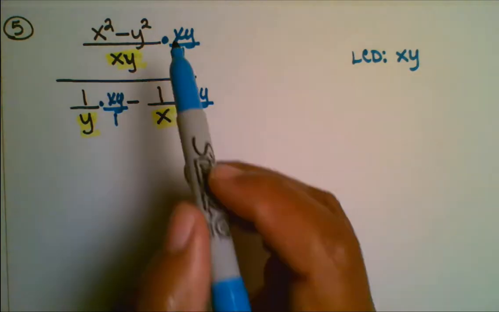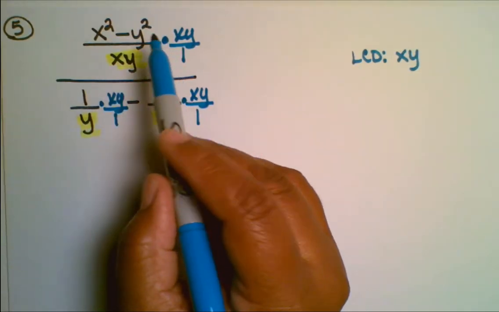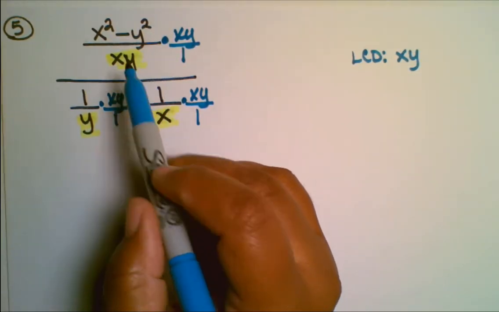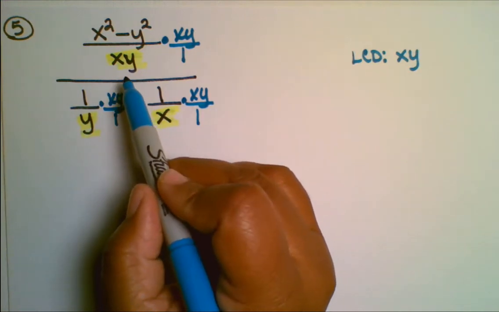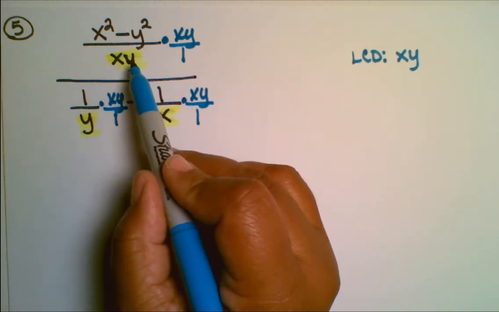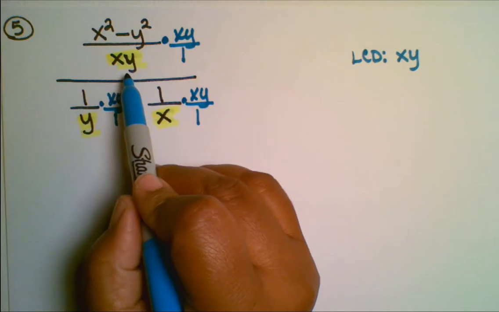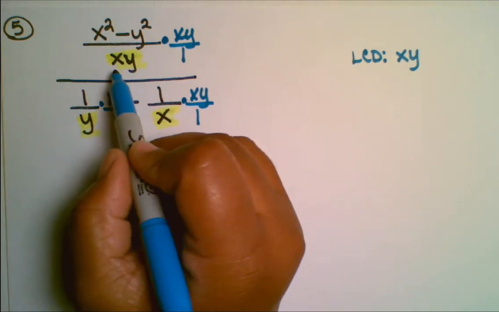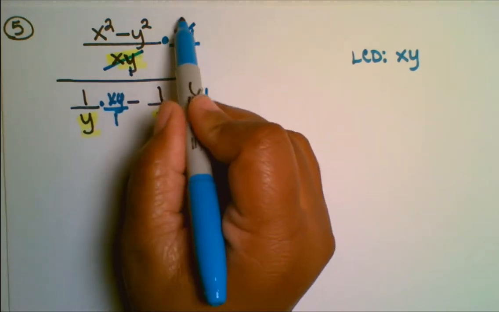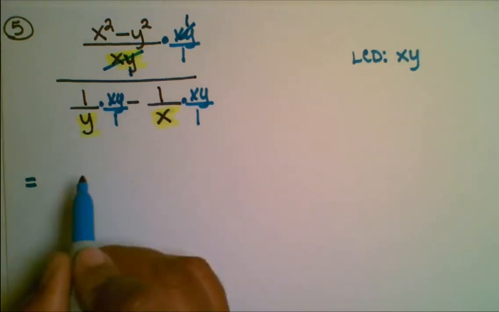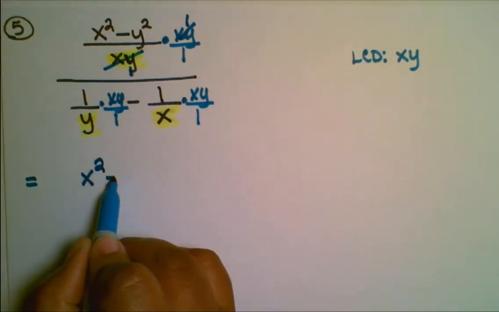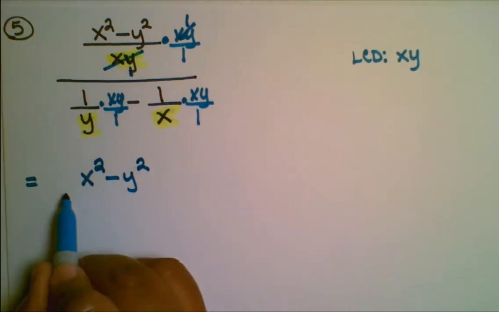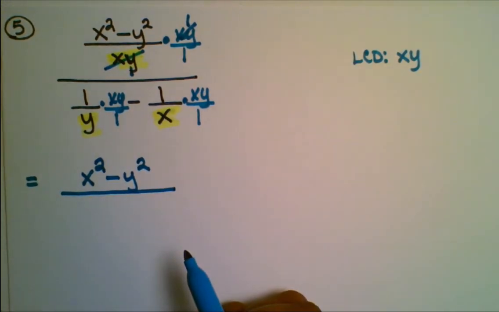And then we're going to look at each term, look at the numerator, denominator, look at each term from those, and simplify if possible. So let's look at the numerator. What's going to divide out here? The xy's. And then we're left with x squared minus y squared all over.